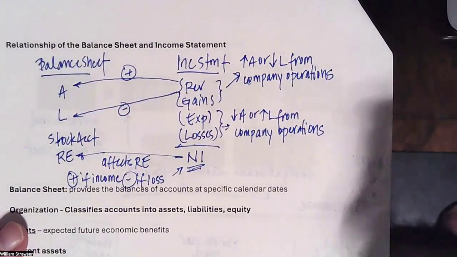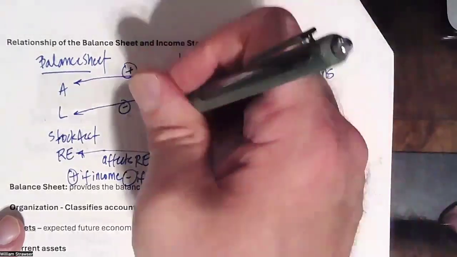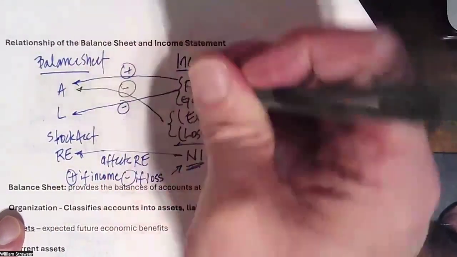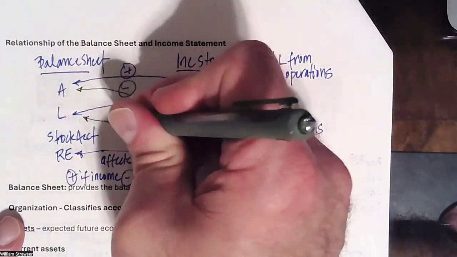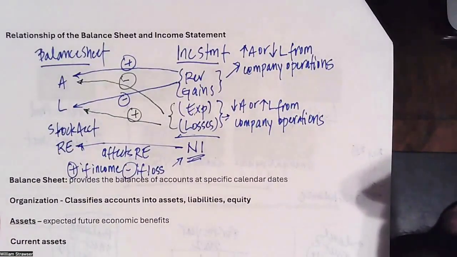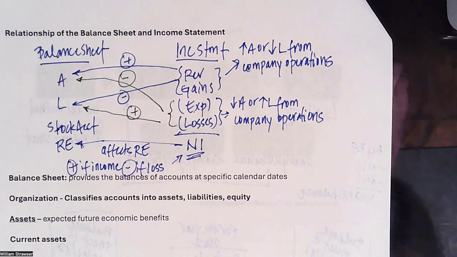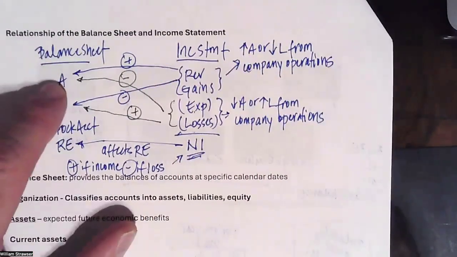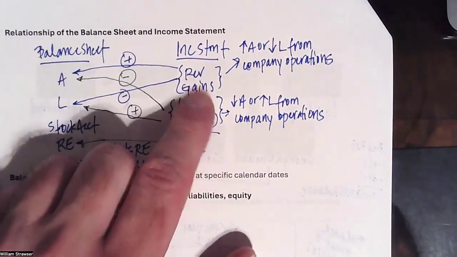And then if I recognize an expense or a loss, I will have a reduction to an asset account or an increase to a liability account. And so the income statement, as I mentioned, is very much related to what's going on in the balance sheet. Notice that I only draw effects over to the income statement because a change in an asset account doesn't always have to be an income issue, right?